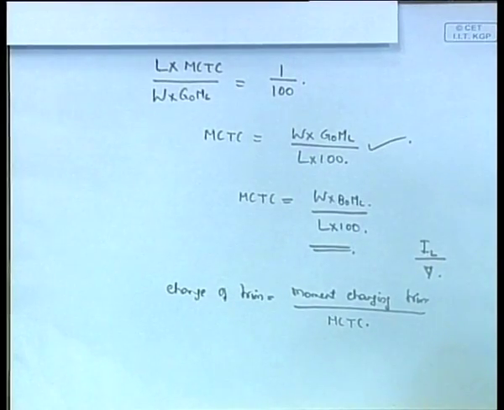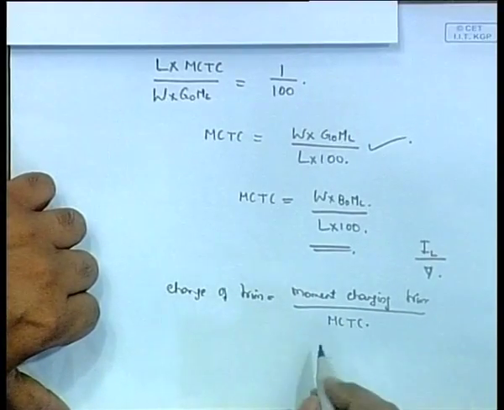If MCTC is the moment required to produce a trim of 1 centimeter, then if you have some capital M moment acting, the trim produced is M divided by MCTC. So, that is a change in trim, not trim.